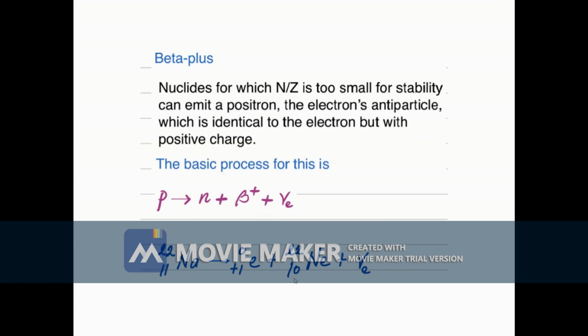If in beta minus the Z value increases, here it decreases by 1. That ratio is still not stable. It's too small, so the positron is emitted. And here we have not an antineutrino but a neutrino.